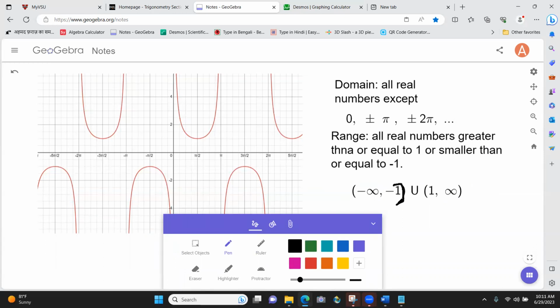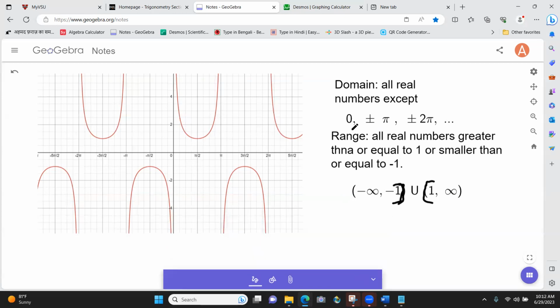This has to be square because -1 is included, and this has to be square because 1 is included. Make sure you understand that. So what I said in English can also be written like this. This is a square bracket, this is a square bracket, and these are, of course, open parentheses. And this union means all of this is acceptable. Everything between this area and this area is unattainable. Okay, that's the domain and range.